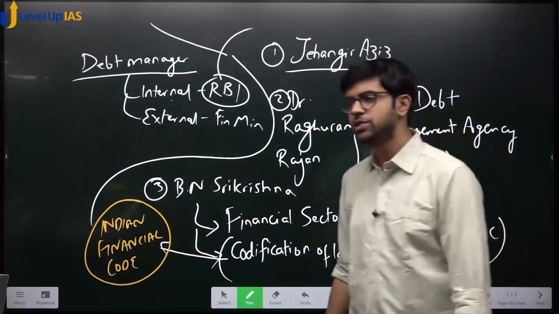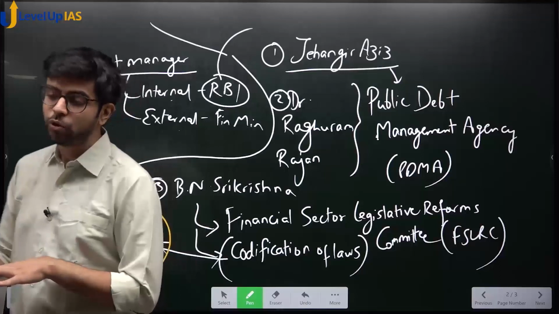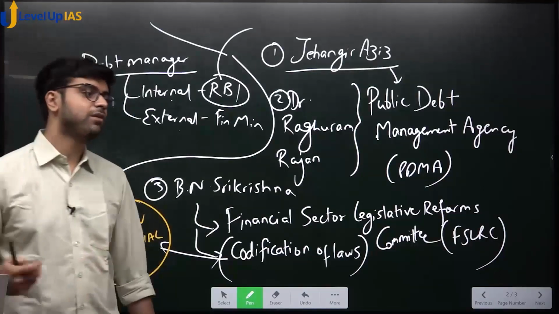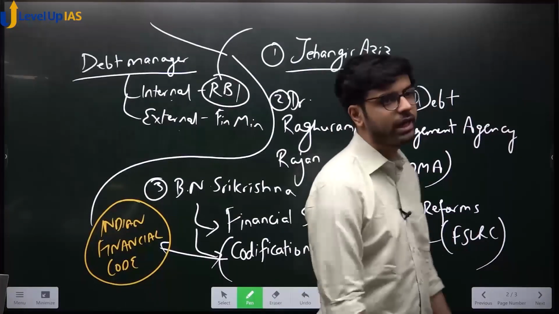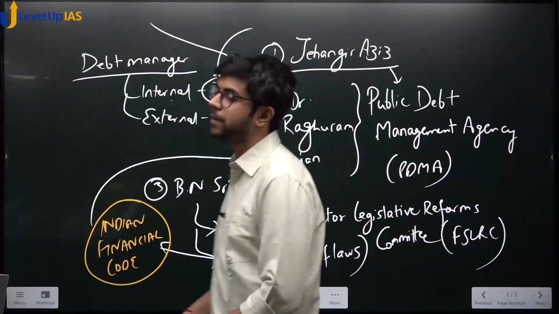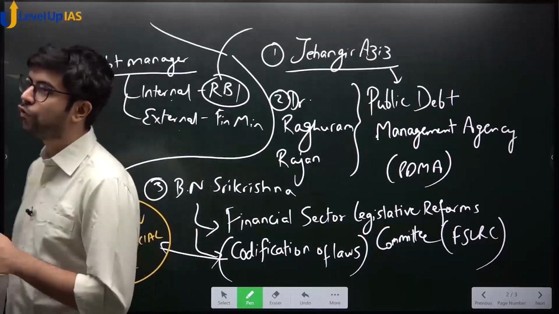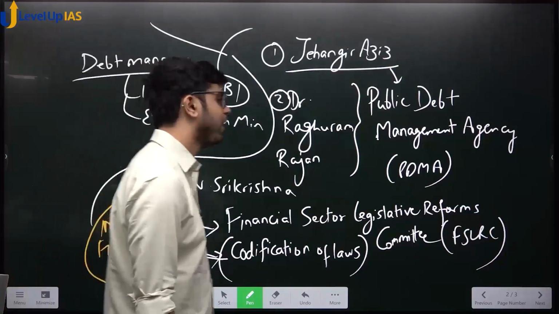There are so many laws in India that we are also confused. So they said to look for ways to consolidate the laws and bring in an Indian Financial Code.